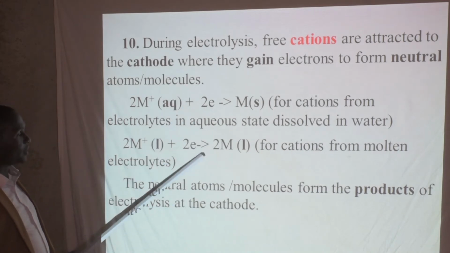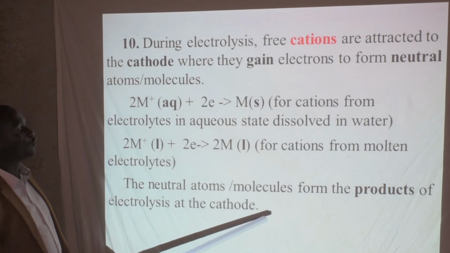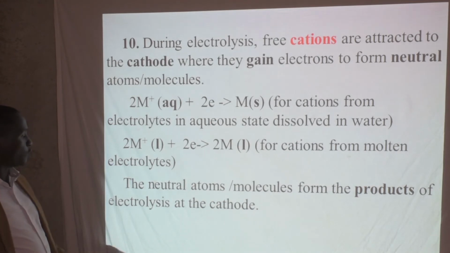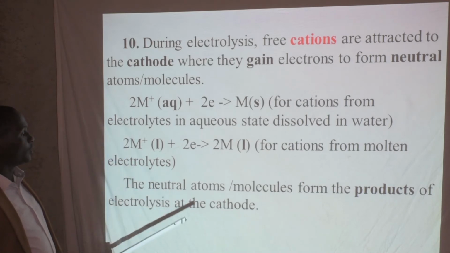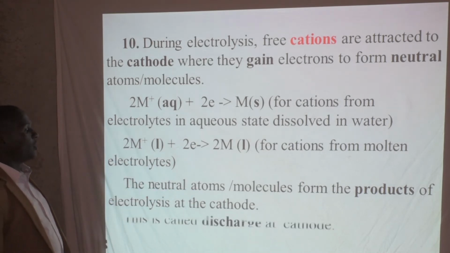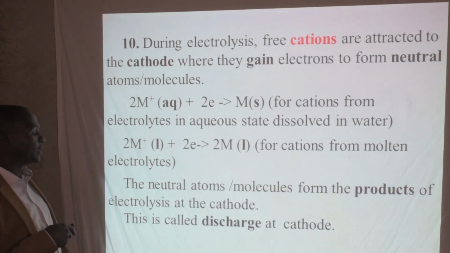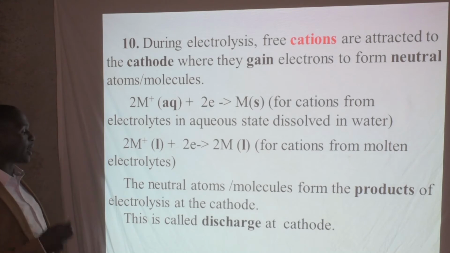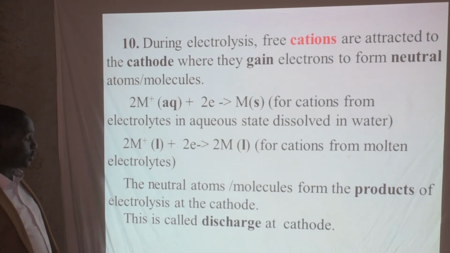Neutral atoms or molecules form the products of electrolysis at the cathode. This is called discharge at the cathode.